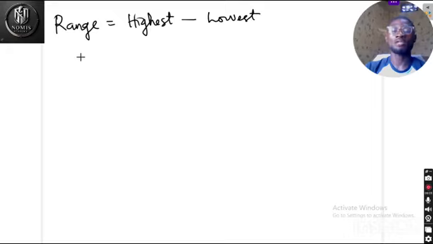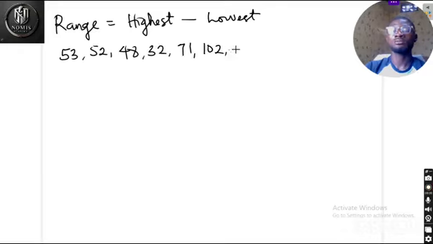Supposing we are given a set of data: 53, 52, 48, 32, 71, 102, 55, 46, 57.